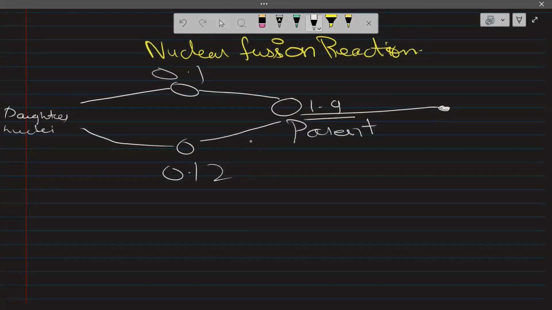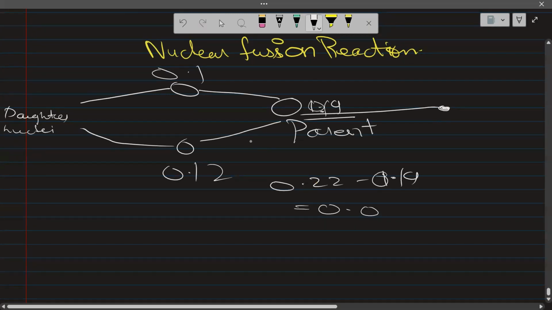So how much mass is transferred into energy? Let's find out. The parent is 0.19 and the total is 0.22. Subtracted, it becomes 0.03.